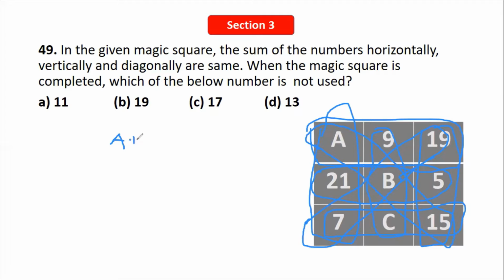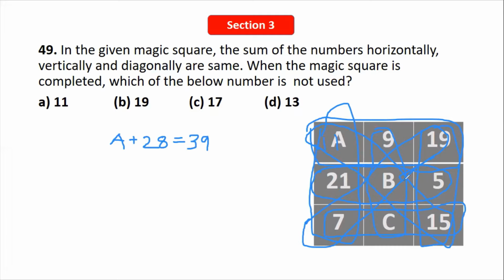A plus 28 is equal to 39. So what plus 28 is equal to 39? 11. So A is 11, and we can write 11 here.